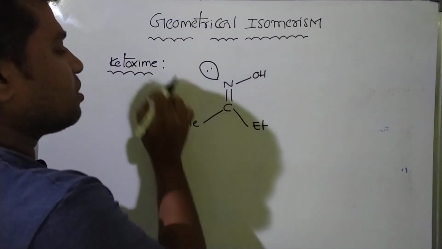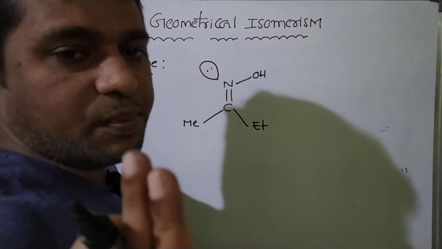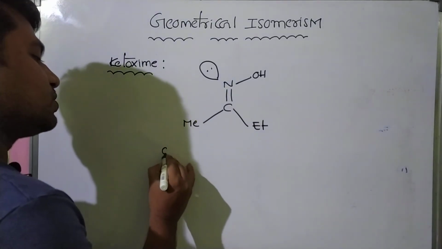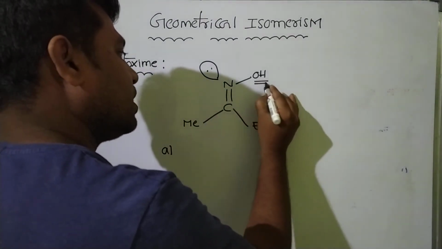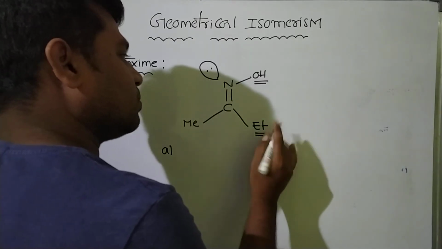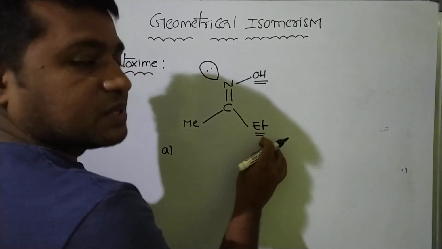In the case of ketoximes, two different names are possible. The first name: first of all, we consider this OH group and this ethyl group. This OH and ethyl are present on the same side.